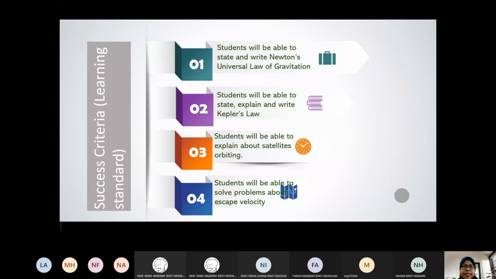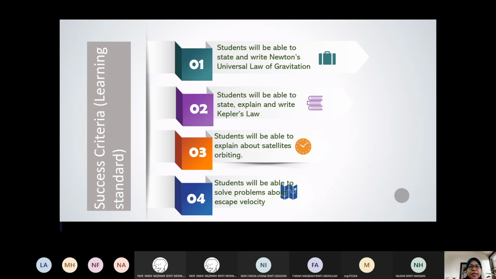So these are the learning outcomes. When we finish the gravitation topic, you should be able to do these 4. You will be able to state what is Newton's universal law of gravitation, and you can write the law.